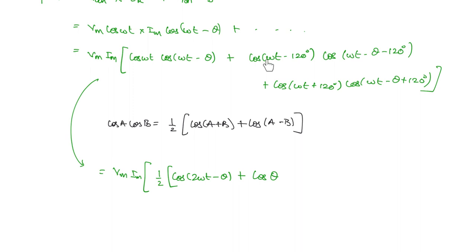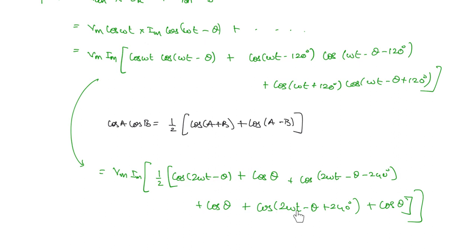Similarly, for the next term, cos(omega t minus 120) into cos(omega t minus theta minus 120), there also you will get a 1 by 2 term, so 1 by 2 you can take common. So what will you get here? cos(2 omega t minus theta minus 240 degrees) plus cos theta once again. And the final term you will get cos(2 omega t minus theta plus 240 degrees) plus cos theta.